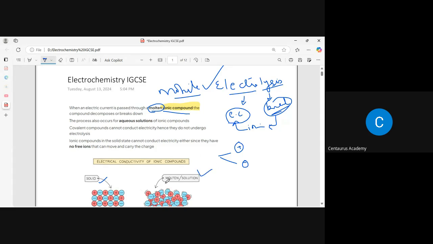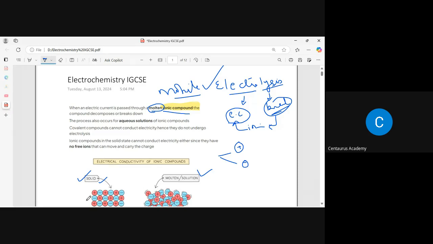But it is vice versa in the solid state. In a solid state, in ionic compounds, all the ions are arranged in an alternating pattern, which is why they are not able to carry electric charge. As a result, they are unable to conduct electricity.